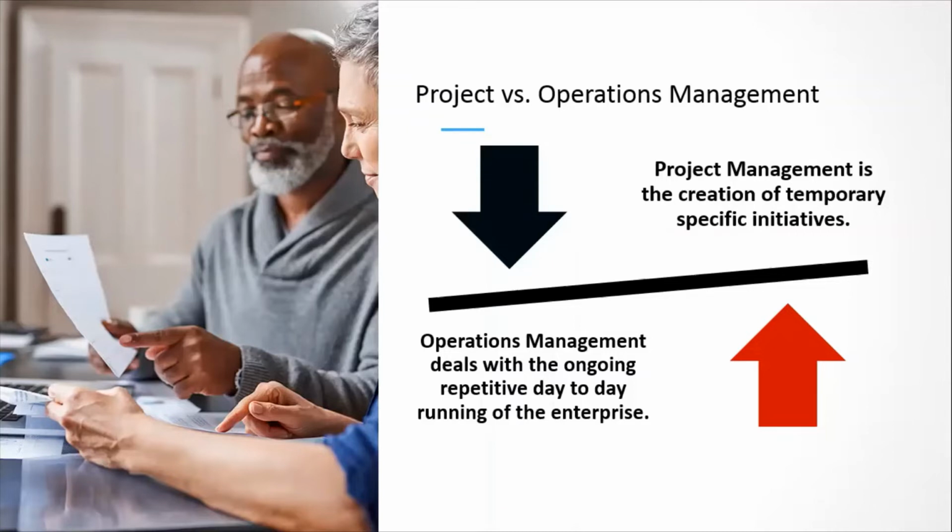So you find out that you have the project, which is the beginning of the business, creation of a unique product or a service, and then it's handed over to an operations management system to ensure the continuous sustenance of the reproduction of that unique product created via your project.